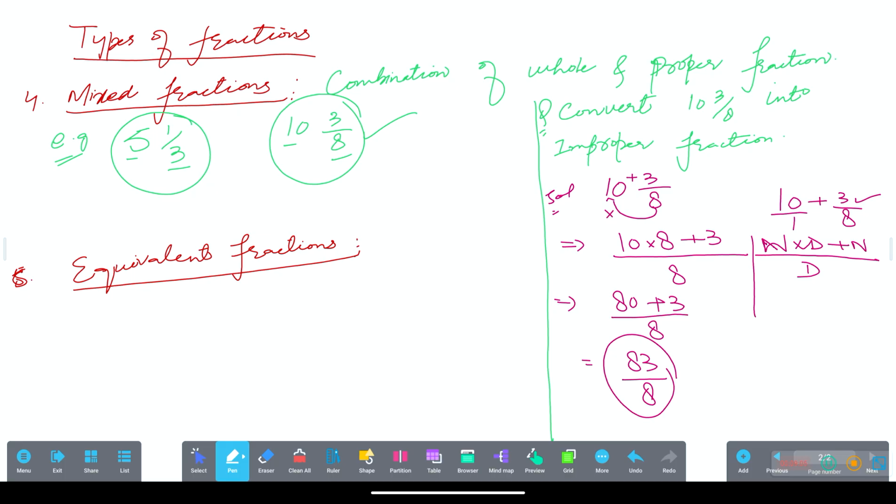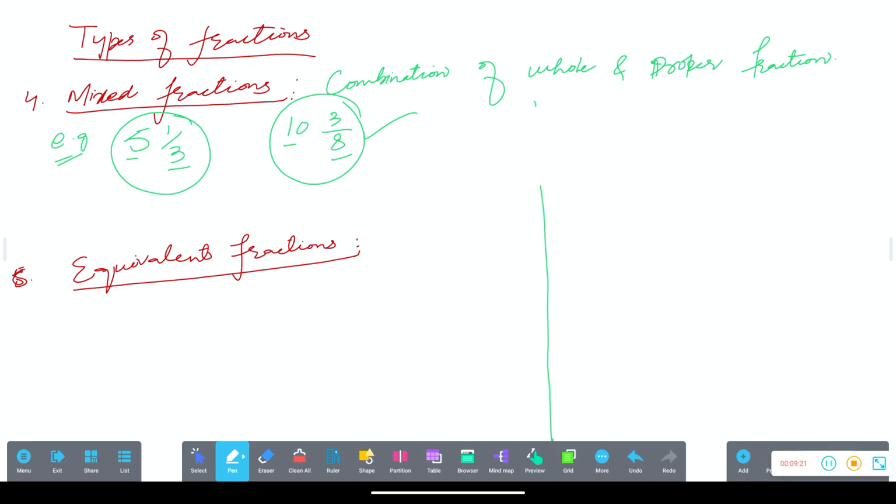Now I will take one more example here. You can take a screenshot of the same, so that I will copy one more example where I will convert the same improper fraction back to the mixed fraction. Now have a look here. Now I will take the opposite of the same.